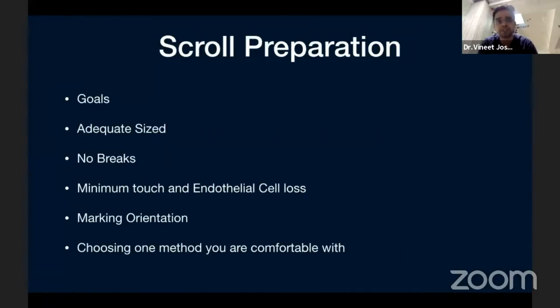In scroll preparation, the ultimate goal is to get an adequately sized scroll without any break, with minimum touch and endothelial cell loss, and a correct marking, which will help you visualize the right orientation in the anterior chamber, and then to choose one method that you are comfortable with.